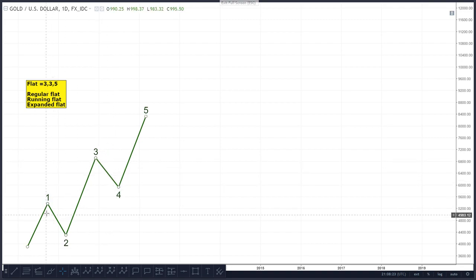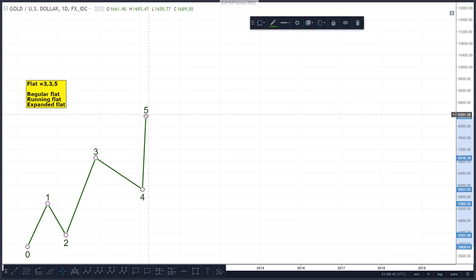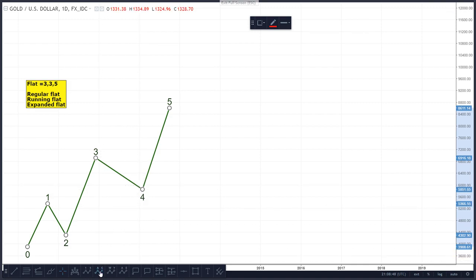We've got two corrective waves here. There's a wave 2 and a wave 4. So typically wave 2 forms what we call a zigzag, and it's quite an aggressive move down, whilst wave 4 usually takes a lot longer to form, and that's where you often see these flat patterns. You often see triangles. So for example, this wave 4 may look something like this.